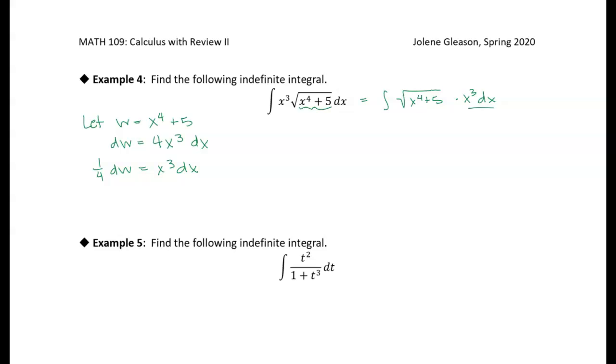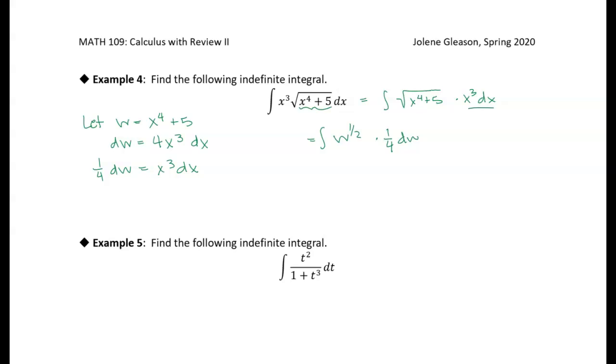Now we can do our substitution. This becomes the integral of the square root of w, which I can write as w to the 1/2. That's the same as the square root. I just like it because then the reverse power rule works nicely. And x cubed dx is equal to 1/4 dw.